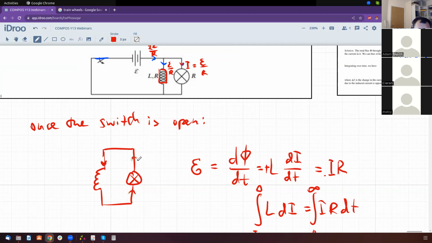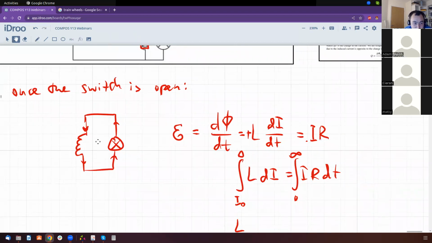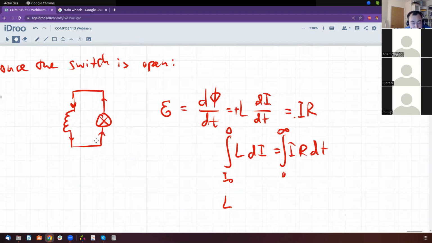So the current through the lamp will go in the opposite direction, and there will be some charge passing through the lamp.